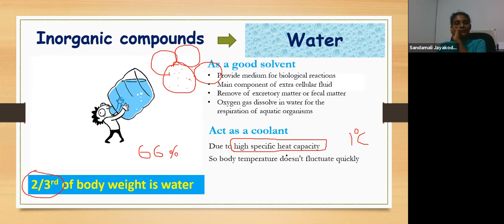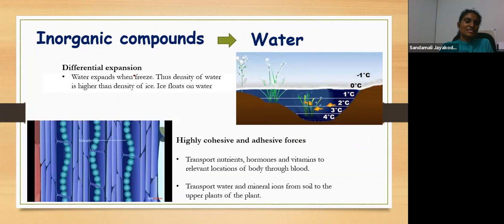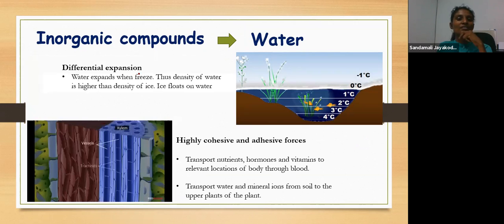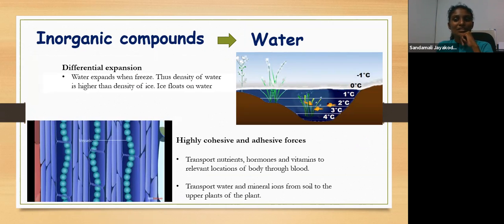And then, as an inorganic compound, water has another two functions. Differential expansion. This is really important for the maintenance of life in a pond in a very cold area.